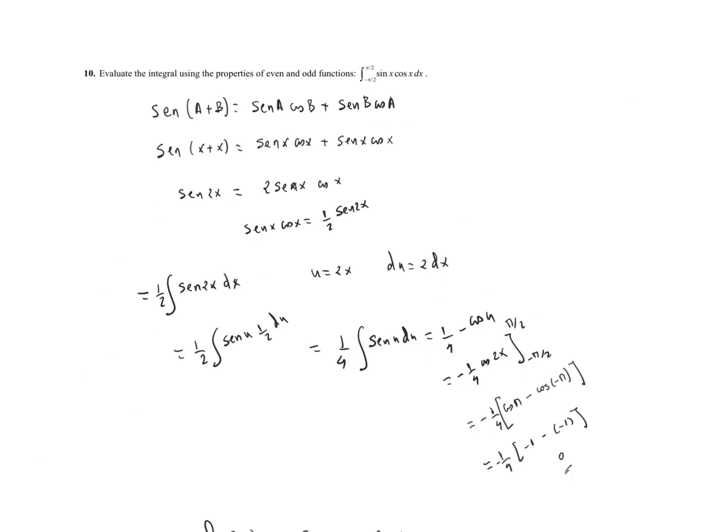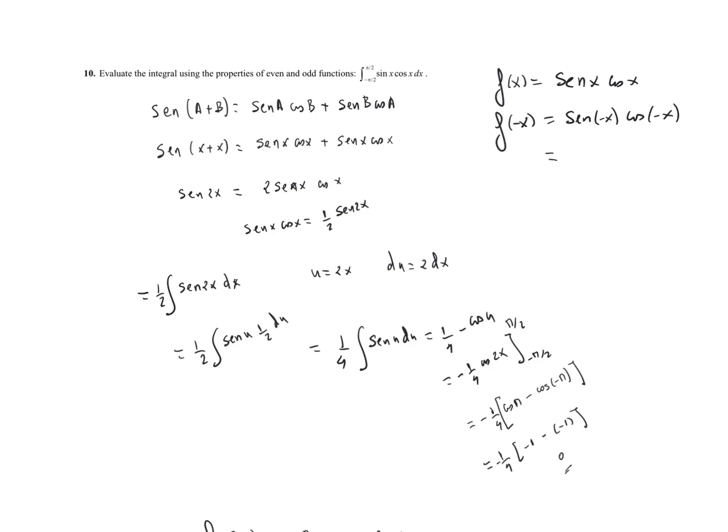This one says evaluate using the property of even and odd functions. So we need to see if this function is even or odd. Let's see it. f of x equals sine of x cosine of x. What will f of minus x be? It will be sine of minus x multiplied by cosine of minus x.